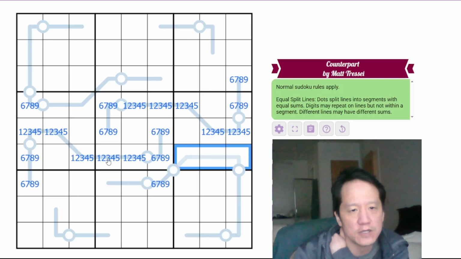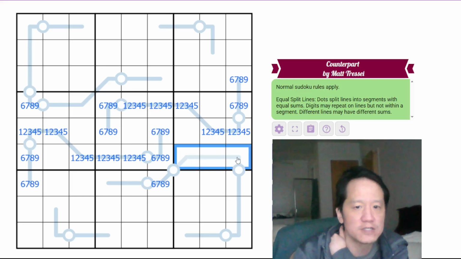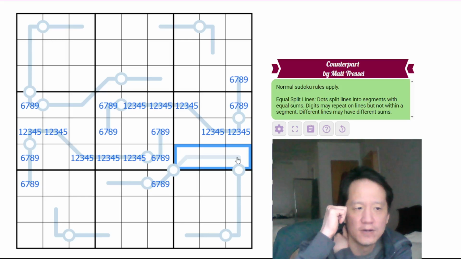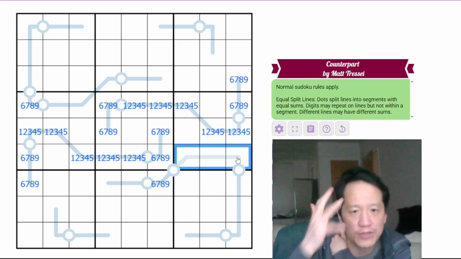And actually, what we find out is, if we try to have these add up to anything less than 9, what 3 digits can be here? Well, you can have 1, 2, 3, 1, 2, 4, 1, 2, 5, or 1, 3, 4.